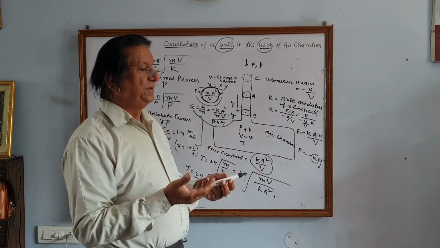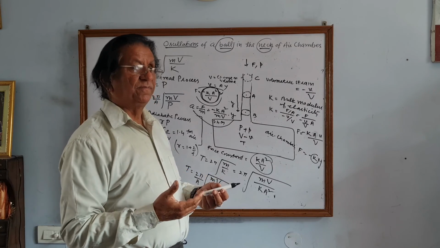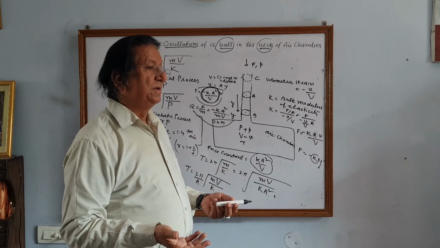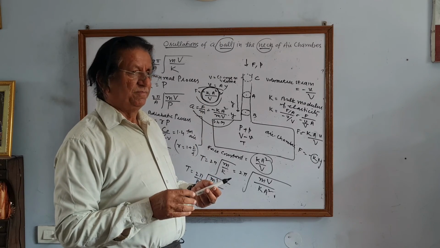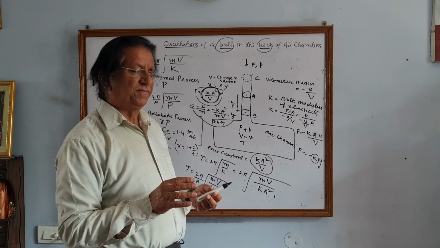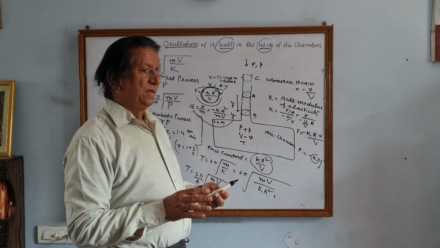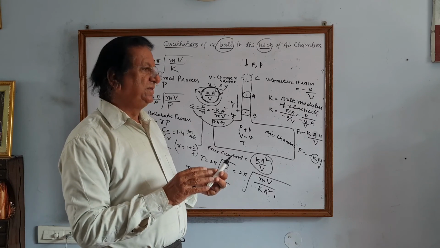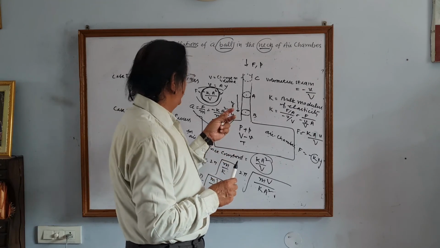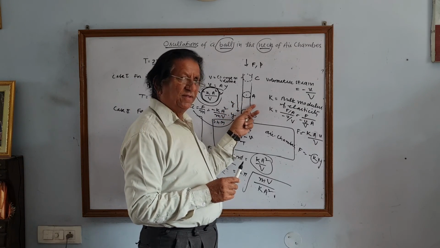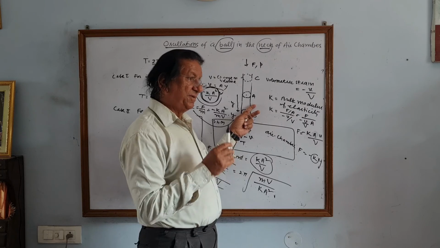So it will become a case of harmonic motion but not simple harmonic motion. For simple harmonic motion, the limits have to be the same. So we have supposed that there is no friction between the ball and the surface of the neck of the air chamber, number one.